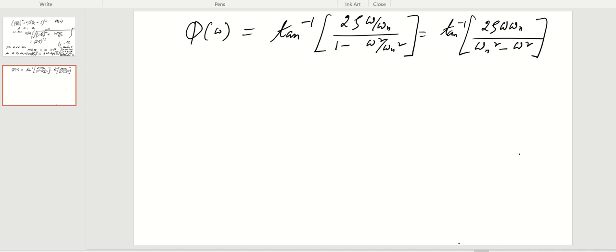Once again, as before, if omega is much smaller than omega n, then phi omega can be approximated as 0.